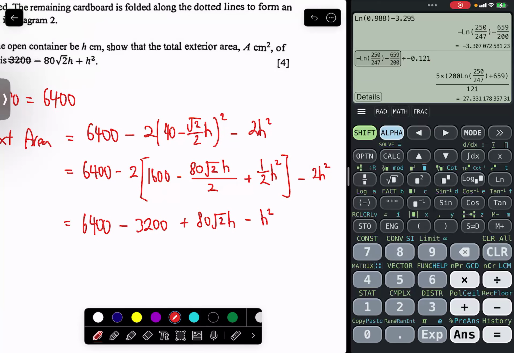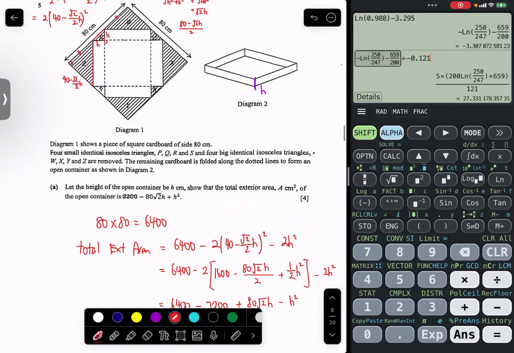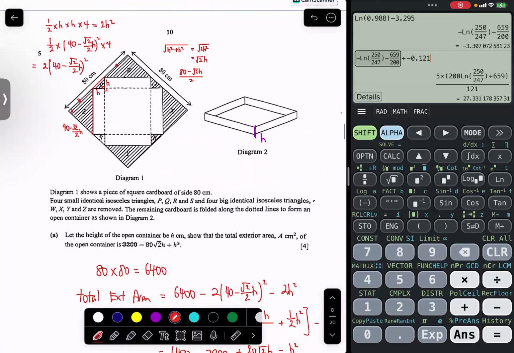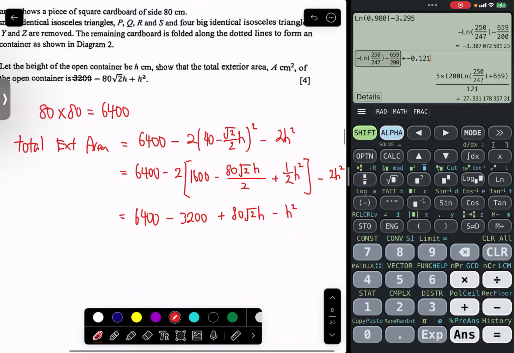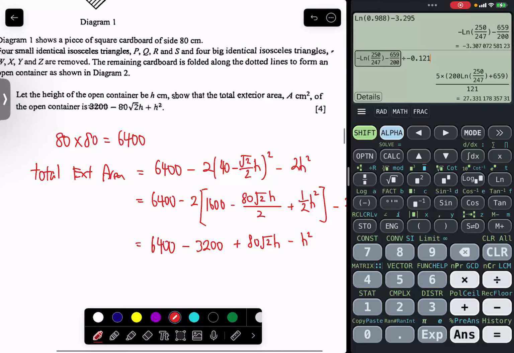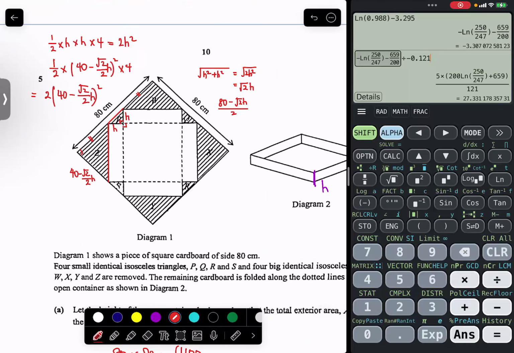Why is this plus h squared? Let me see the question again. Should be minus 2h squared now. Wait, square root 2 over 2. Let me see if I made a mistake.